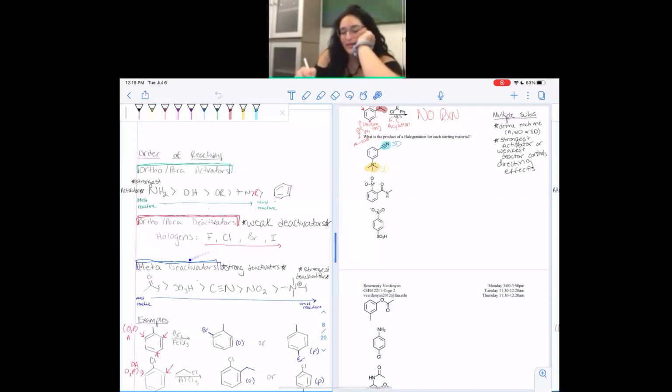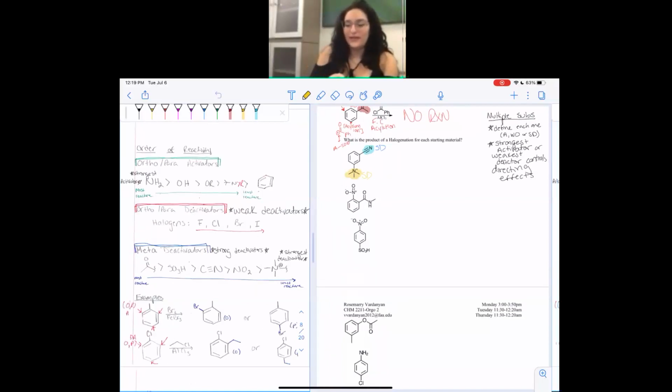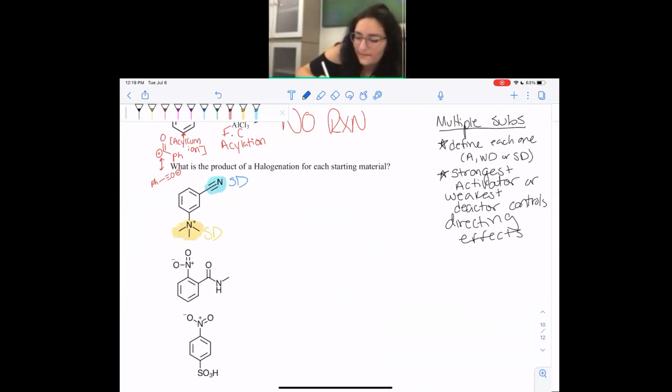So when we look at here, CN is over here, N plus is over here. So between the blue and the yellow, which one is going to be in charge of directing effects? The blue, absolutely. So I'm going to put a little star by blue because that's the one that controls the directing effects. And we know that strong deactivators are going to direct where?